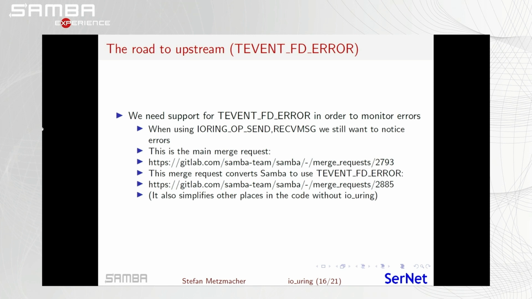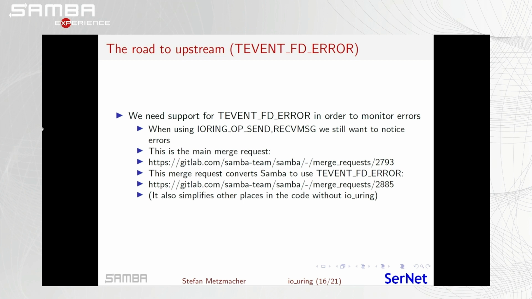So in order to get this prototype into something that is able to get into Samba master, I need to do some prerequisite work. And I think it was about 12 years ago or so, we discussed on the mailing list with someone that we would like to have a tevent fd error flag. So currently we have just read and write, and only if you ask for readability on the file descriptor, you will also get notified about errors on the socket.